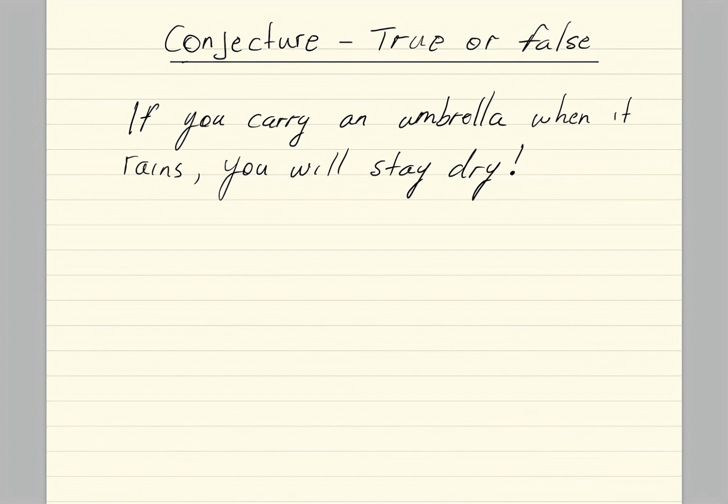So in order to prove a conjecture is true, you need to show that it is true for all cases. Cases meaning situations, really.